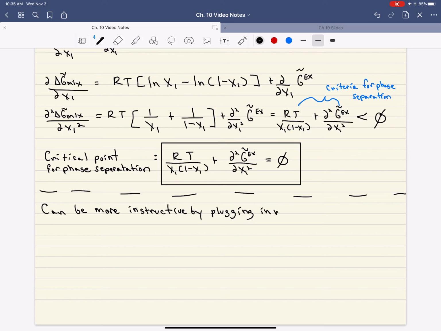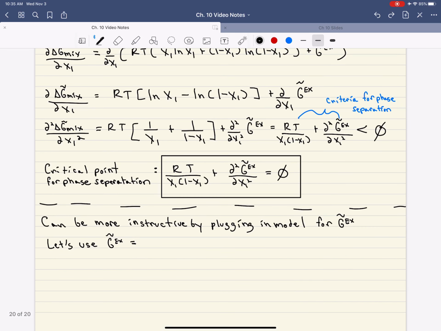Plugging in a model for G excess. Okay. And so let's start out with the simplest model we could think of, which is the one parameter Margules equation. Okay. So we're going to be multiplying it by RT, since we have an RT here.